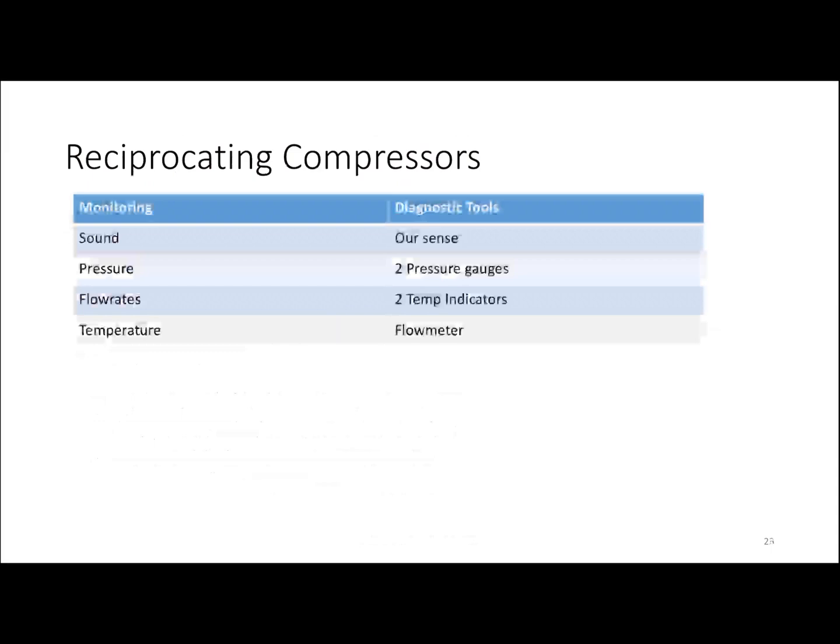Now, if you want to check the pressure, we can use the two pressure gauge method. We install two pressure gauges at two different locations, so we can observe whether there is a pressure leak or an increase in pressure. And then for flow rates, we can use a flow indicator.